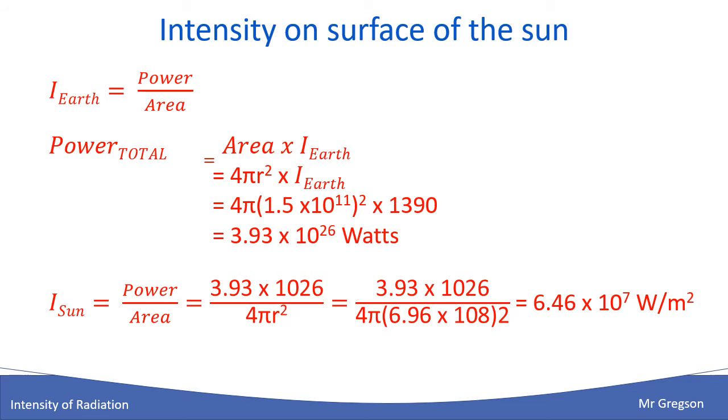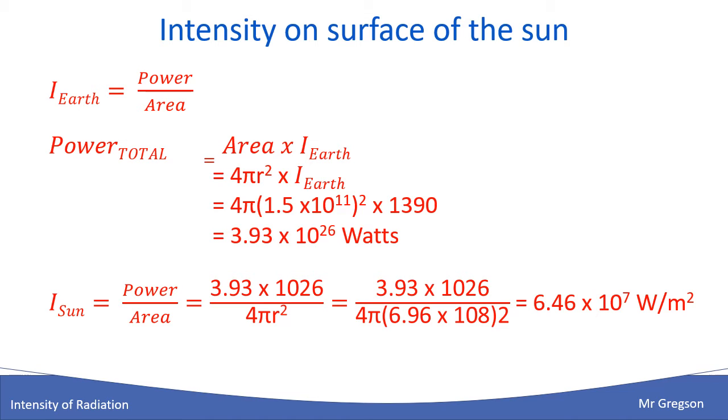Okay, so hopefully you were looking at this in terms of working out what the total power of the sun was. I probably gave you a sneaky hint at the start, because if you know what the total output power of the sun is, then you can work your way back to the surface area of the sun. So the first thing I've done is work out the area times the intensity on Earth.